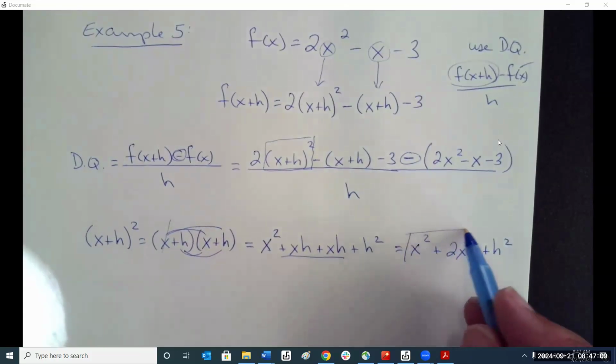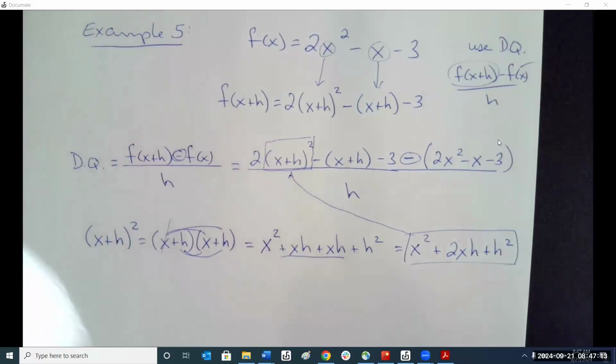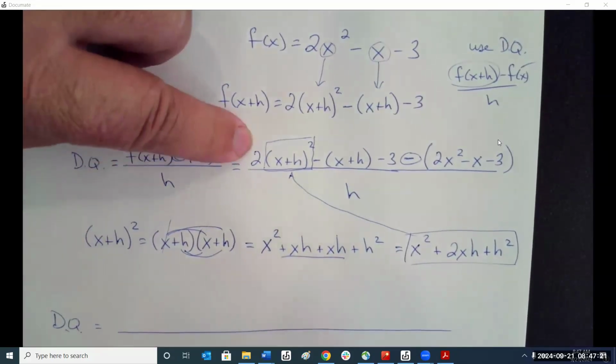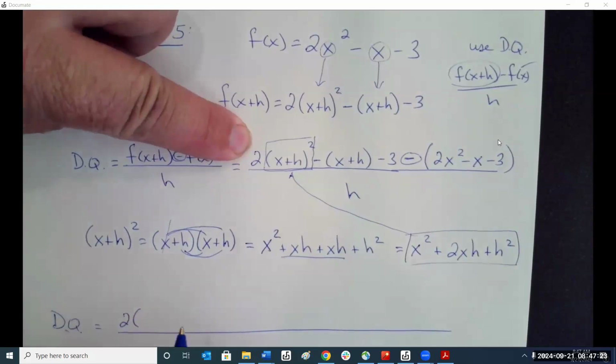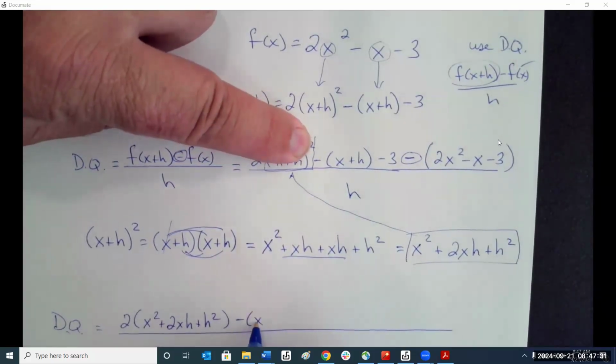Now this goes in there. So our DQ, difference quotient, now expands to 2 times x squared plus 2xh plus h squared, minus x plus h, minus 3.